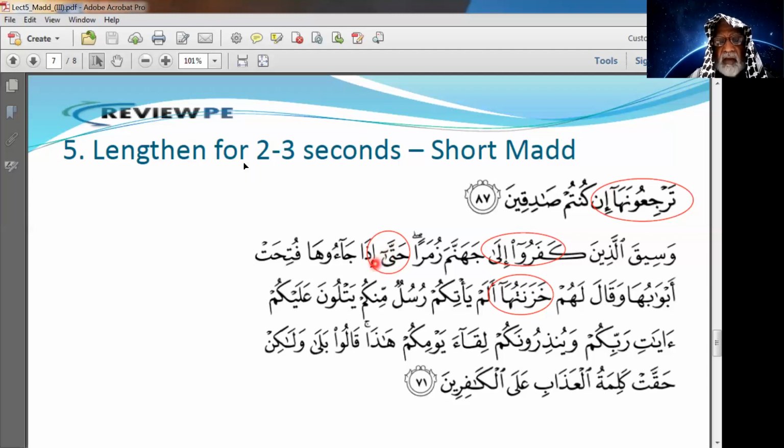Hatta idha. Over here is a fatha and ha. Then we have hamza, and between ha and hamza we have a mad on top of the alif. So khazanatuha alam.